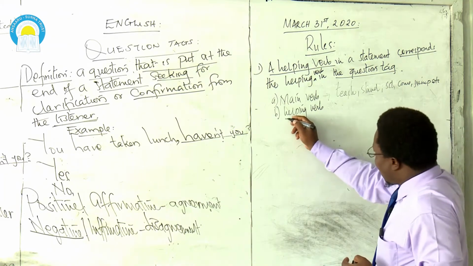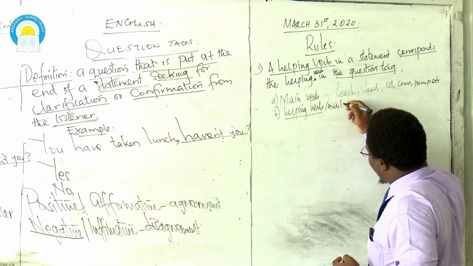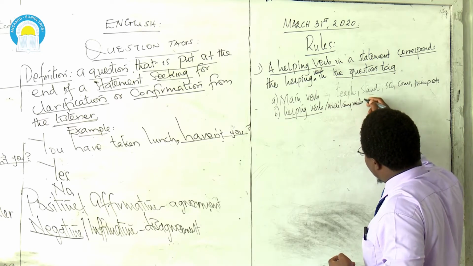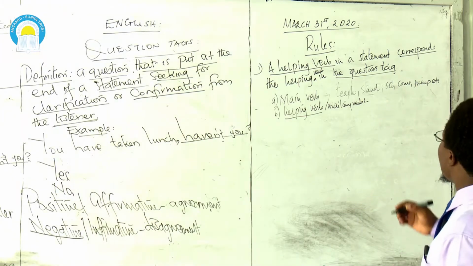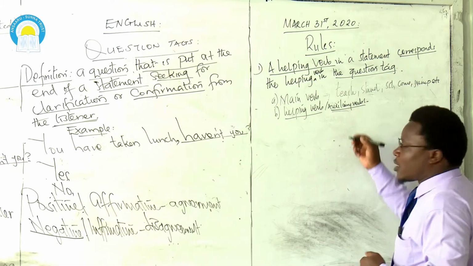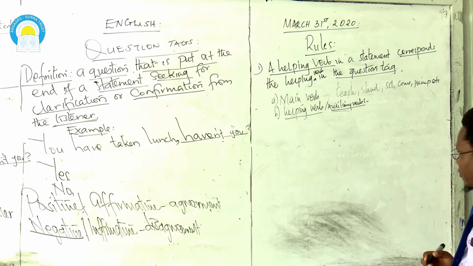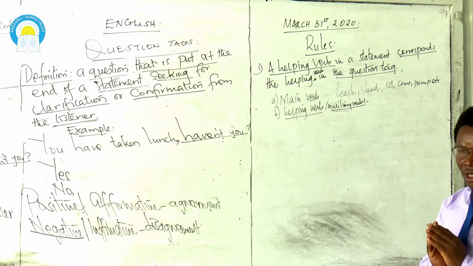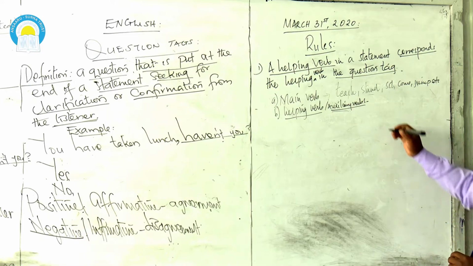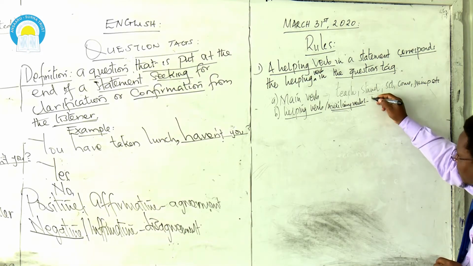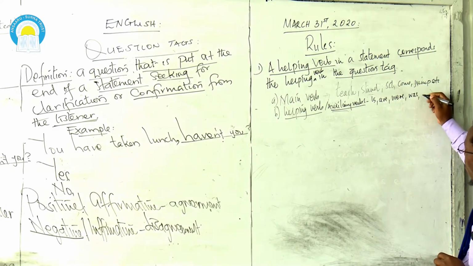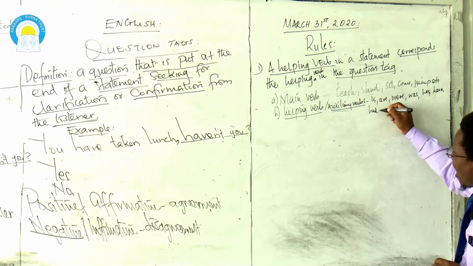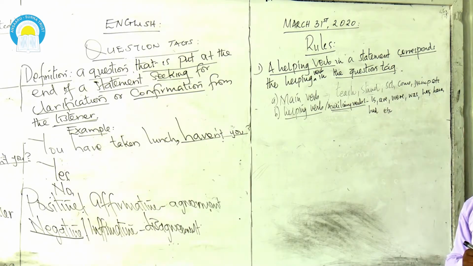However, the helping verbs, also referred to as auxiliary verbs, are the verbs which help the main verb to show the time at which the action takes place. Consider such verbs as is, just to mention but a few.